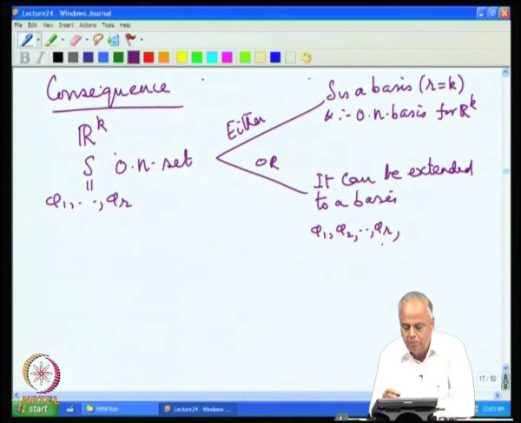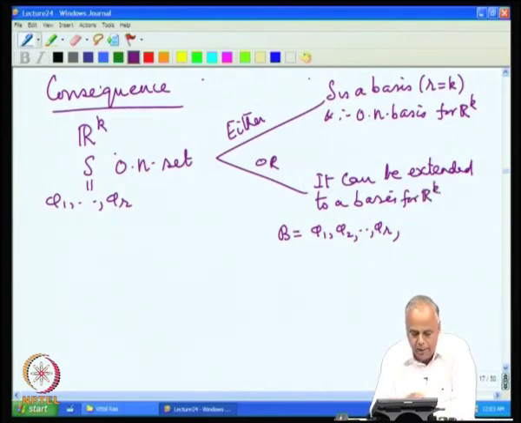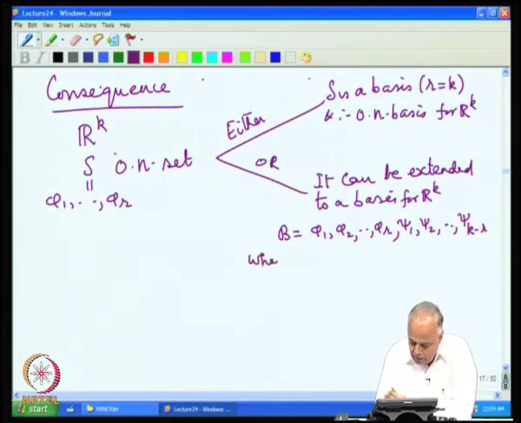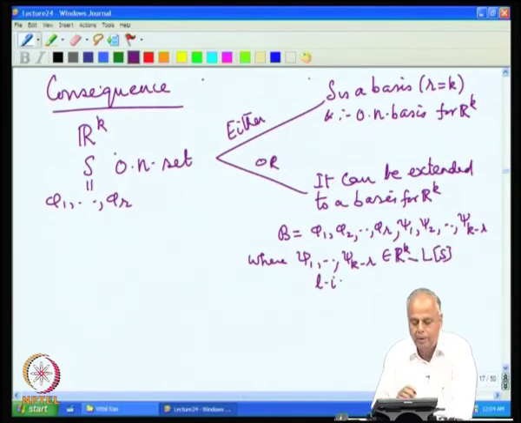We extend it to a basis for R k by appending enough vectors. We already have r vectors and the dimension is k, so we have to append k minus r vectors. Let us call them psi 1, psi 2, psi k minus r, which belong to R k and are linearly independent.